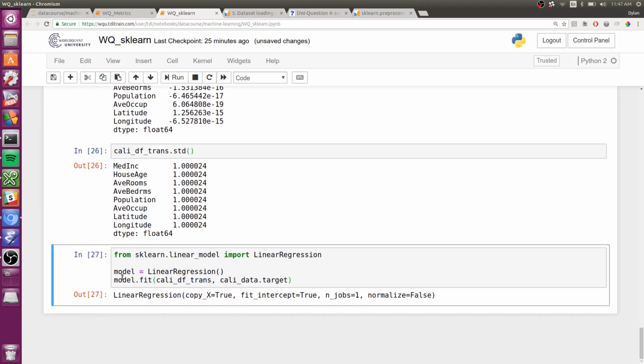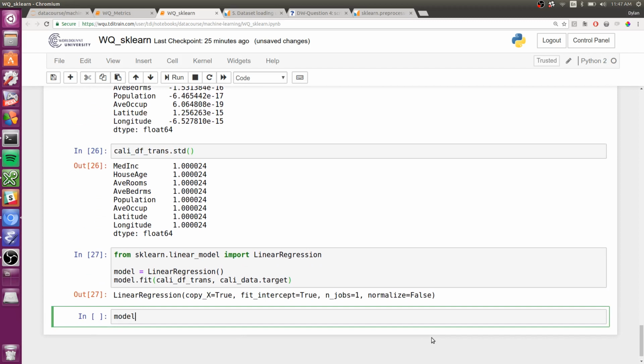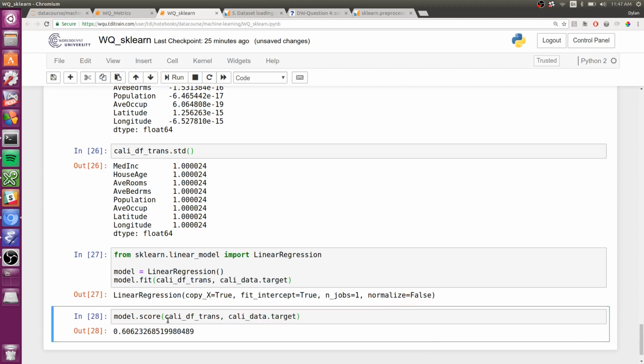And then we have our model, which has an R squared of 0.606.